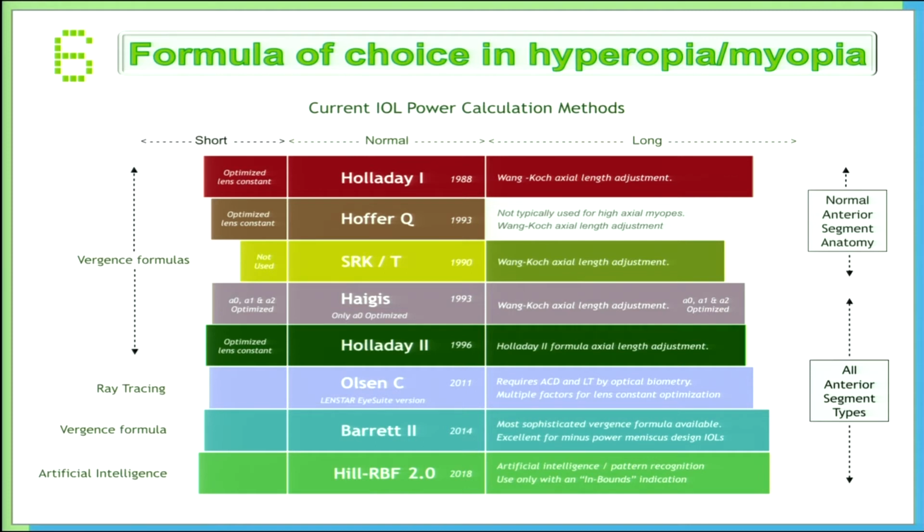And the 7 variable, Holladay 2, is good for all kinds of axial lengths. Newer formulae are artificial intelligence based, like Hill-RBF and Clarke neural network. And we have the latest ray tracing formulae, the OKULIX and PhacoOptics. All of these ray tracing and artificial intelligence formulae hold good for all kinds of axial lengths.